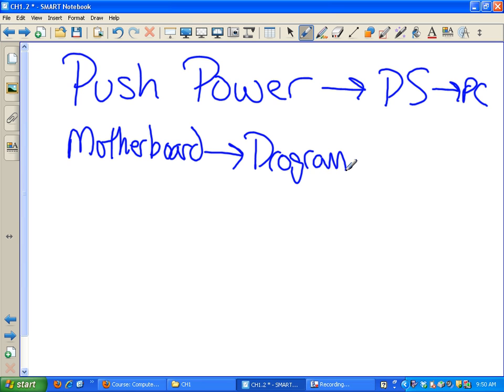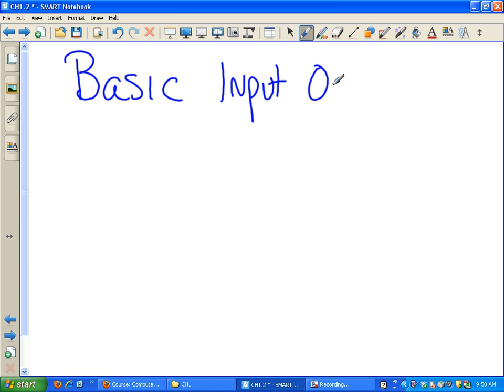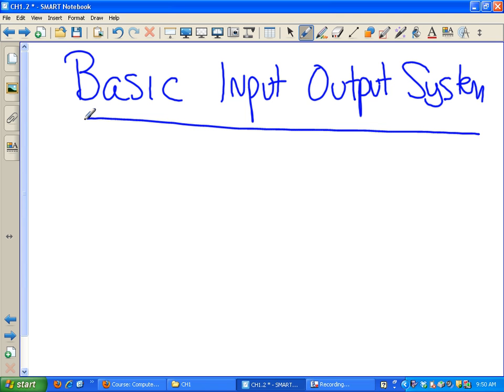Once this power starts, it runs a program called BIOS. BIOS stands for the Basic Input Output System, I didn't make up the name. BIOS does a bunch of stuff in the background every single time we turn on our PC.